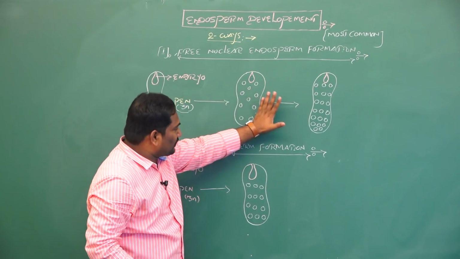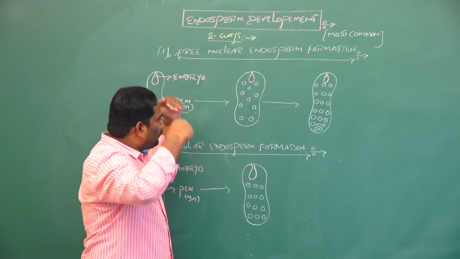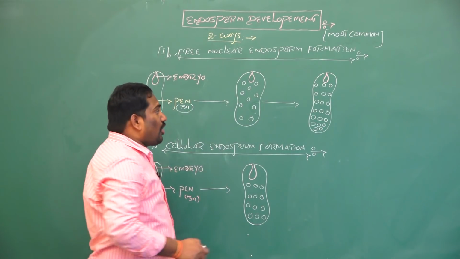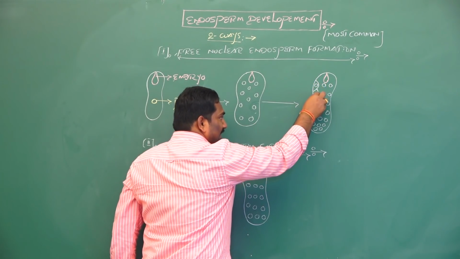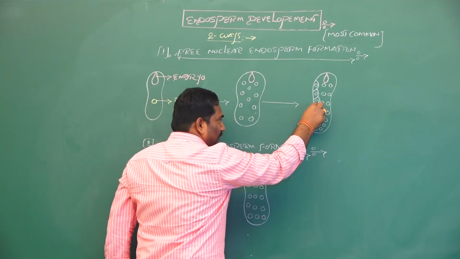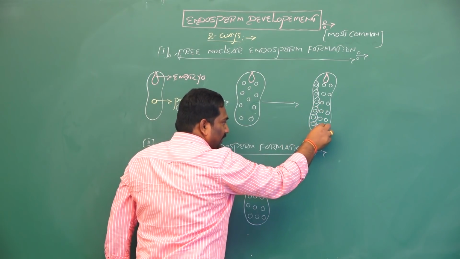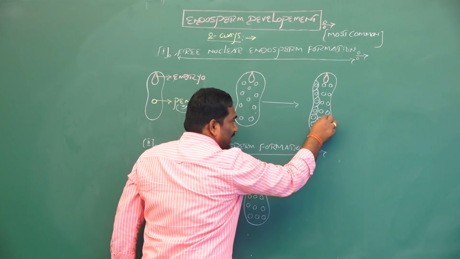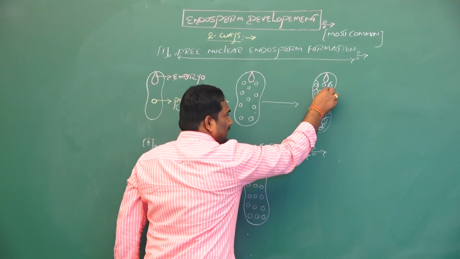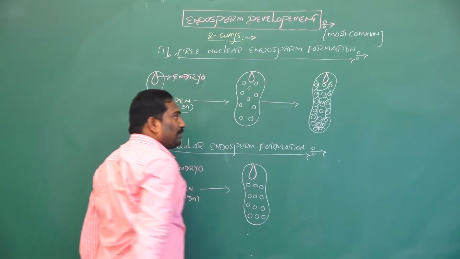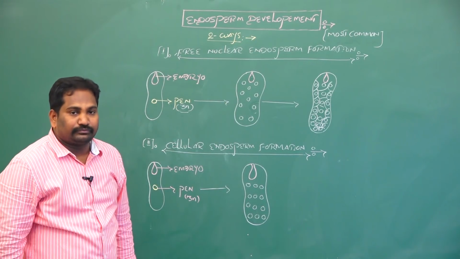At the last stage, when all the free nuclei are formed, each nucleus is surrounded by a cell wall by the process of cytokinesis. This is the most common type of endosperm formation in angiosperms.